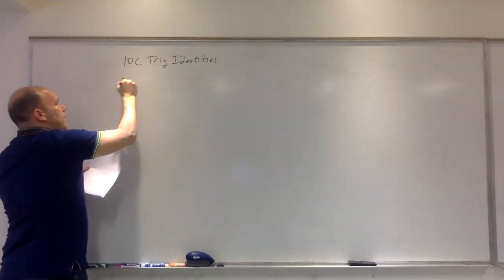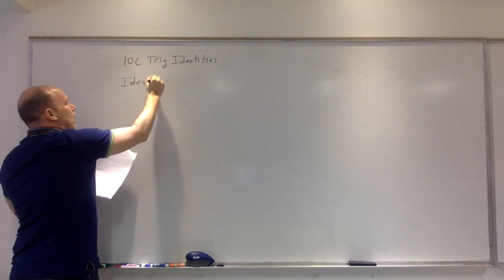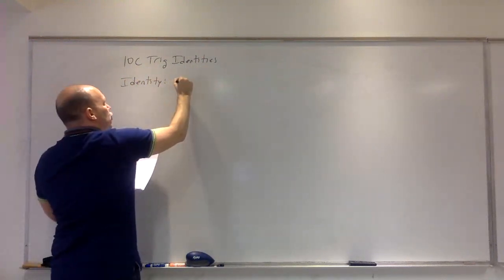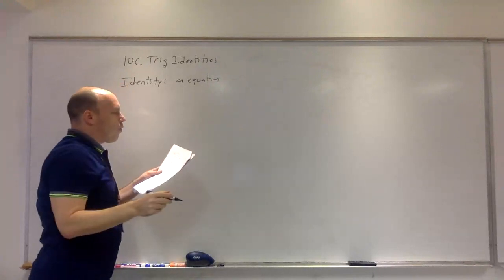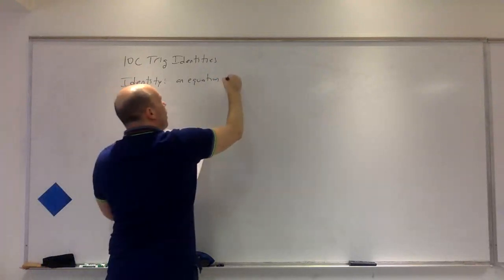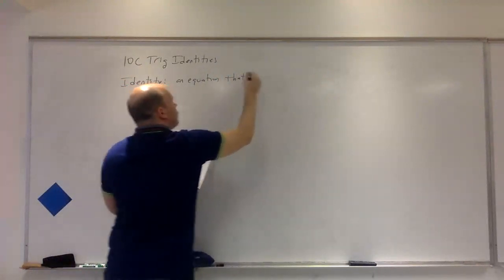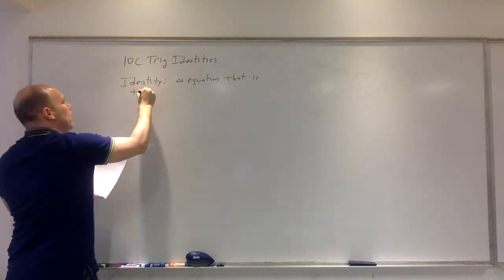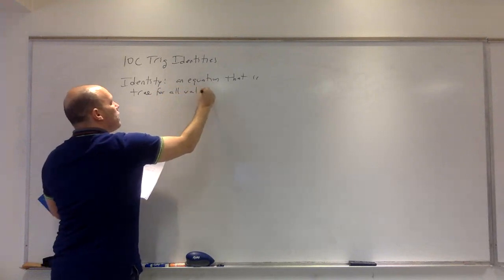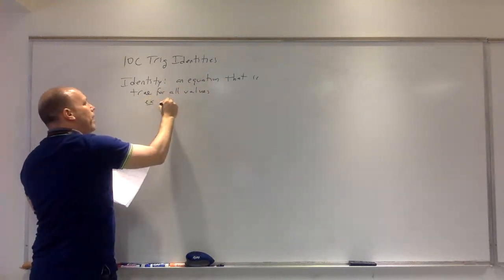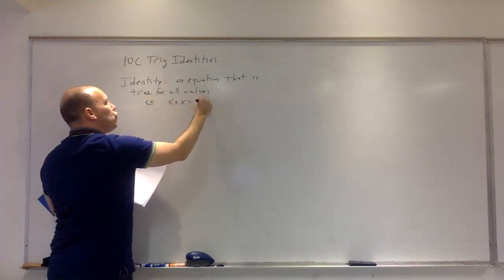What is an identity? It's an equation that is true for all values. For example, x plus x equals 2x.